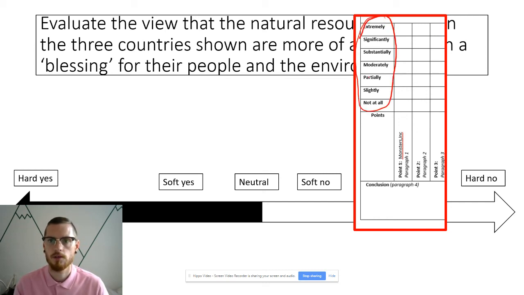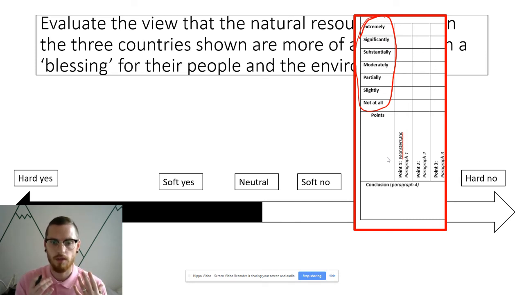Okay, so you're saying this therefore shows that whatever you're talking about is extremely important, as showing that natural resources are a blessing for people in the environment. This point shows that natural resources are partially a curse for the country shown because. Okay. This shows that the natural resources are moderately important at being a blessing because.